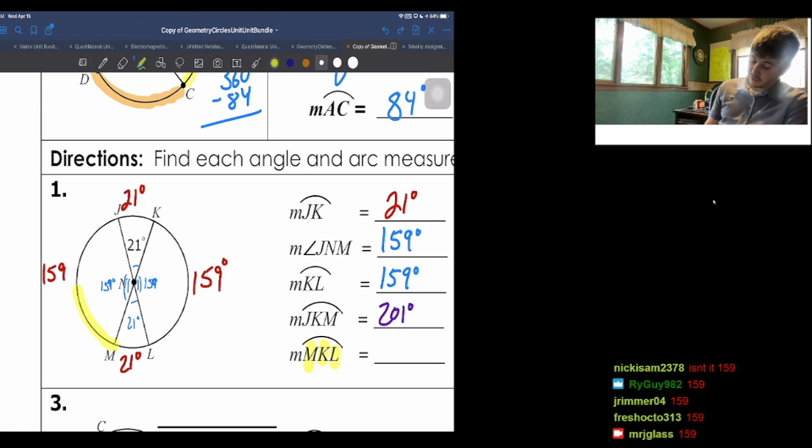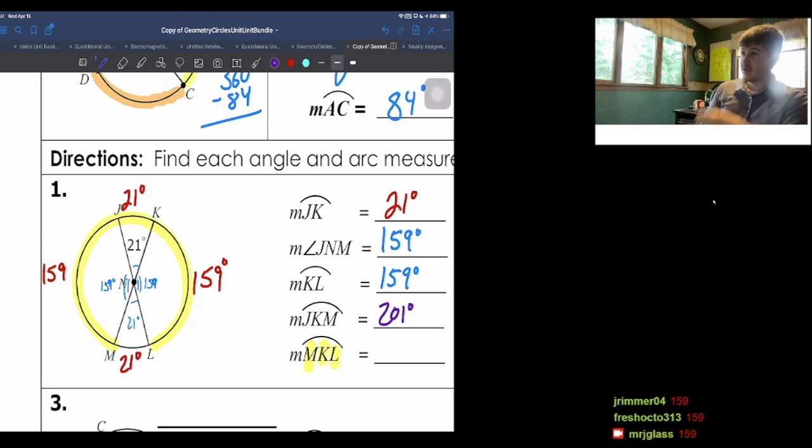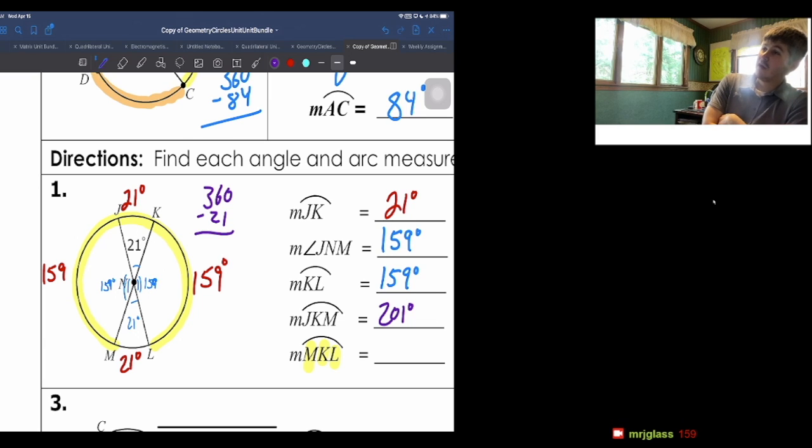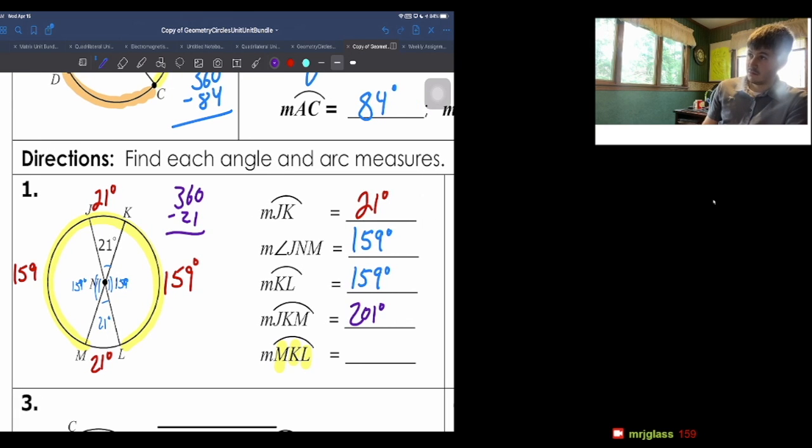So I have to go this way to MK, and then I need to end at L. So it's the entire circle except that 21 degrees. You can either just subtract 21 from 360 or add 159 plus 159 plus 21. I think it's easier to think about it like this, but either way will work. So we get an answer of 339.